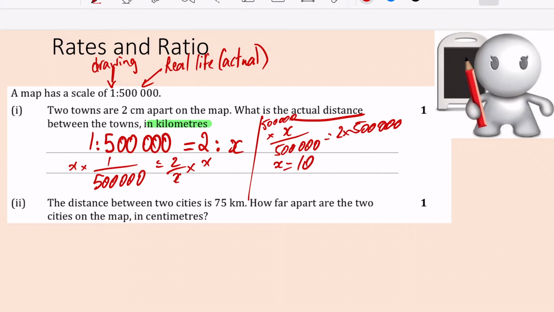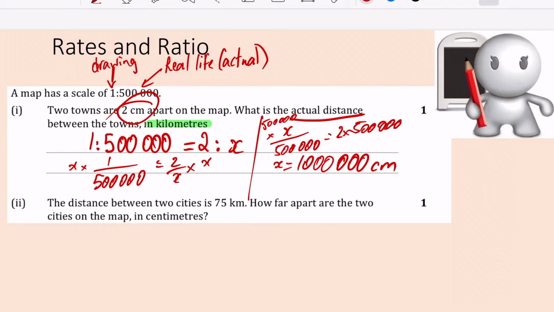That's not the answer though, because we need to keep the units consistent. The actual measure on the map is 2 centimeters, so the real life distance will be 1 million centimeters, but they're after the answer in kilometers.